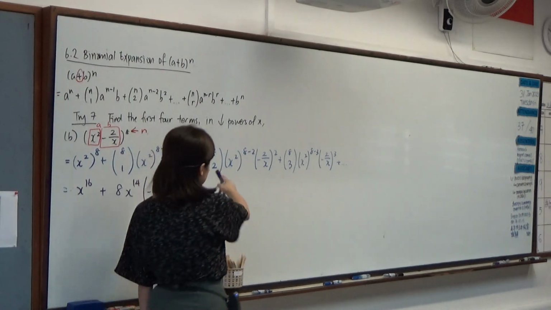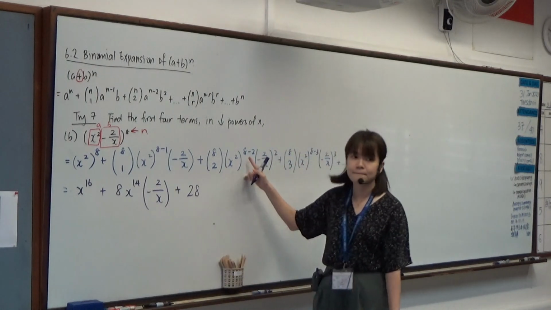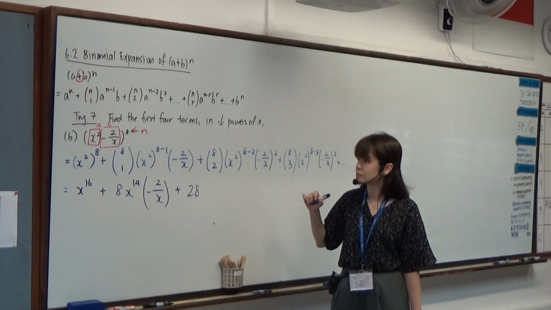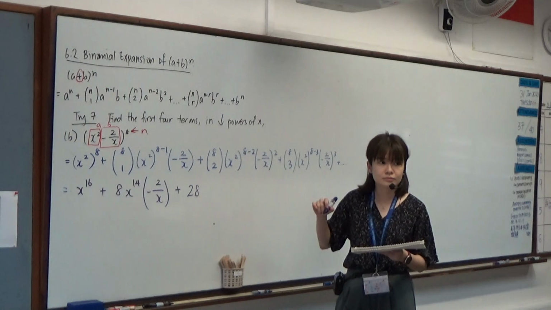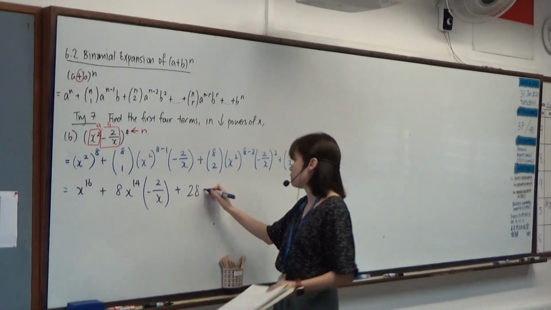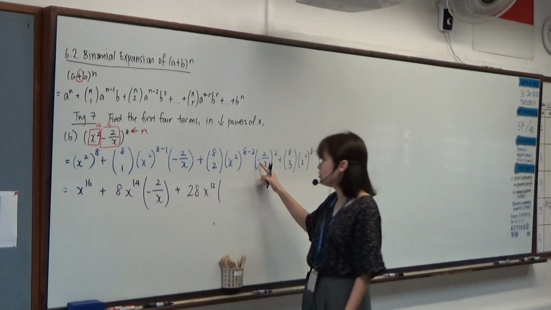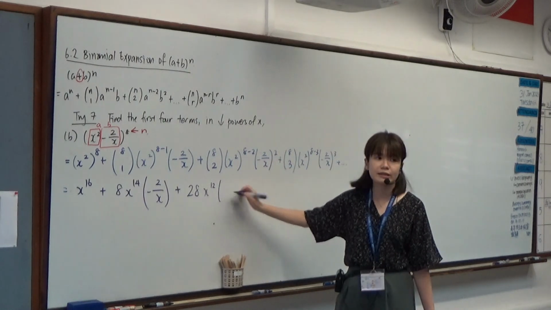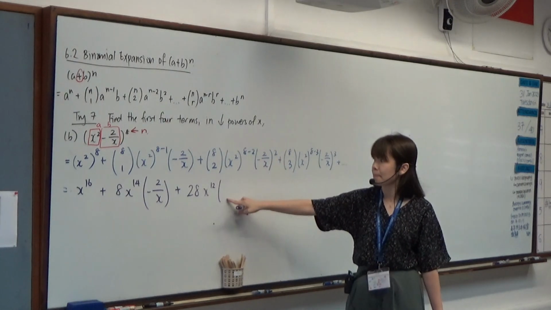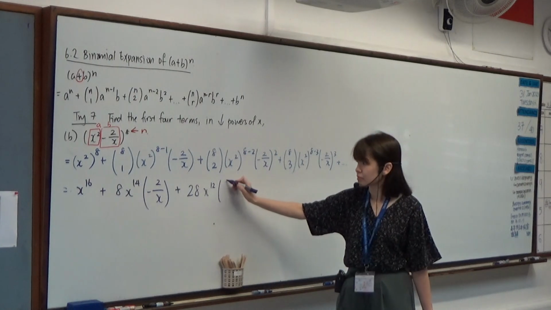Then after that, next one. X to the power of 12, followed by negative 2 over x squared. What do I write it as? 4 over x squared.